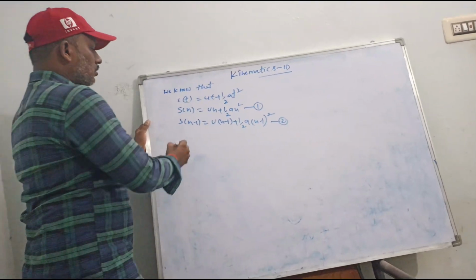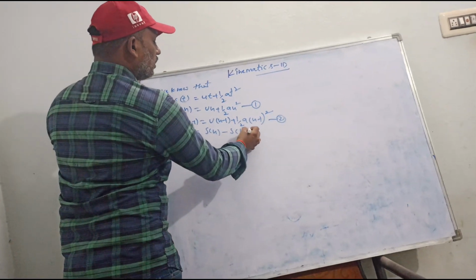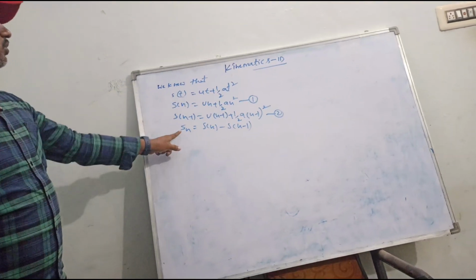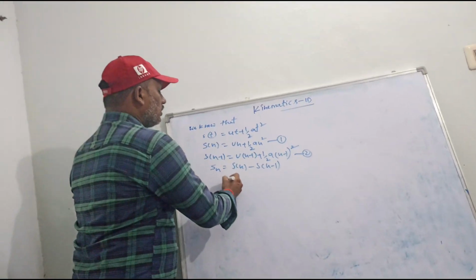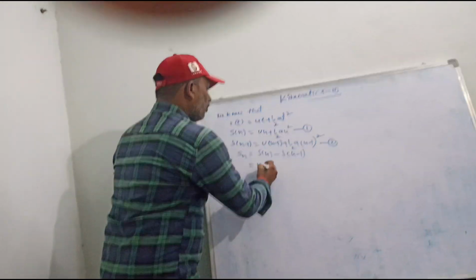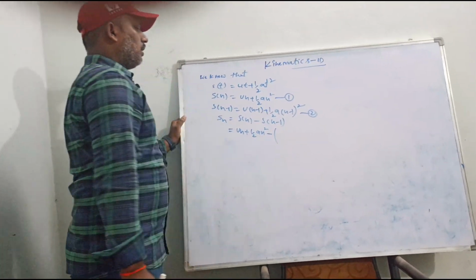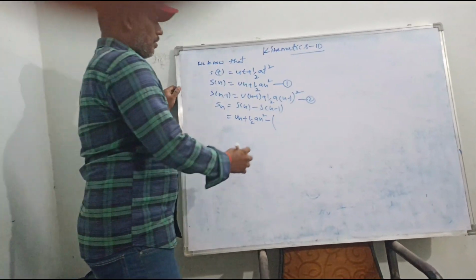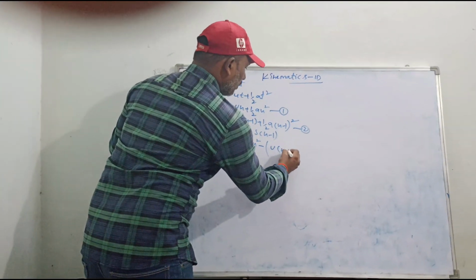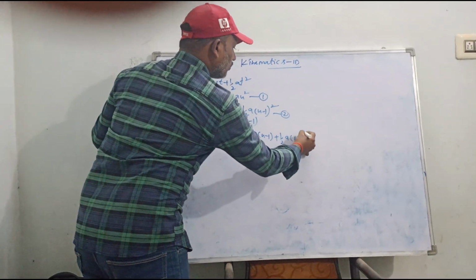Just now we discussed Sn is equal to S of n minus S of n minus 1. So what is Sn? un plus half into an square minus, what is S of n minus 1? u into n minus 1 plus half into a into n minus 1 whole square.